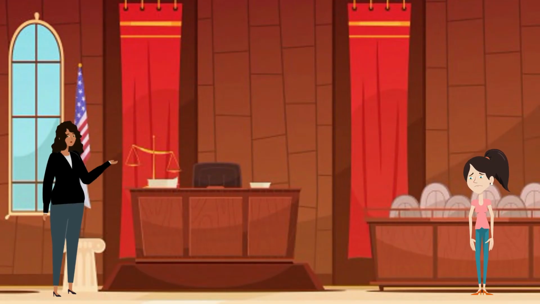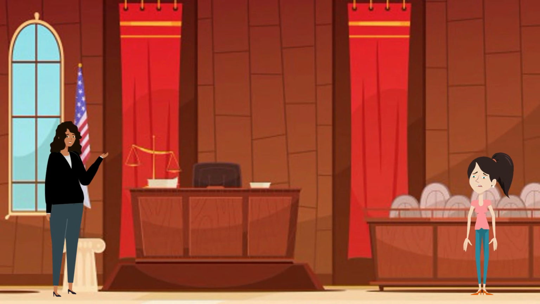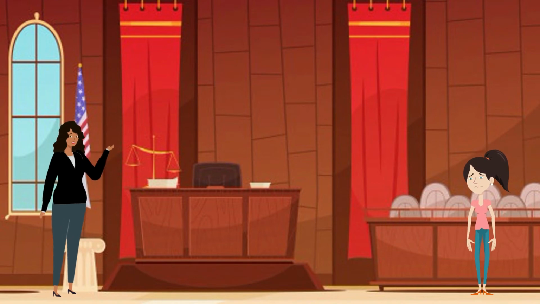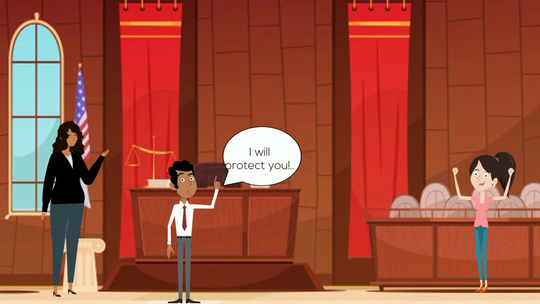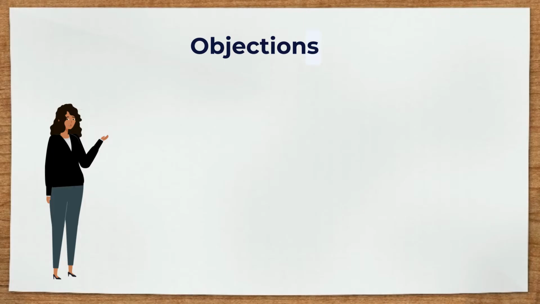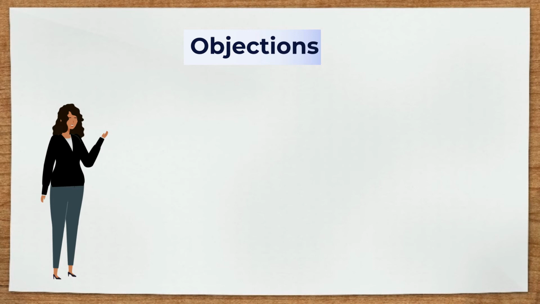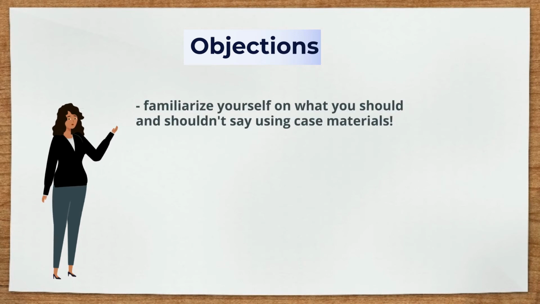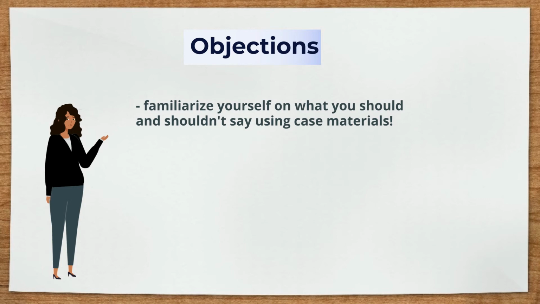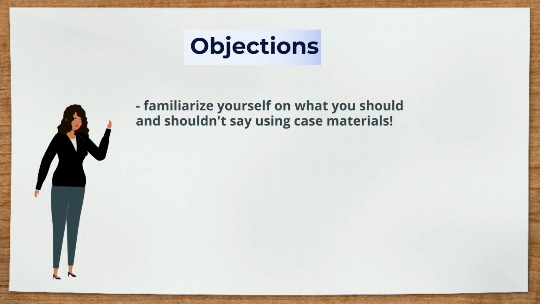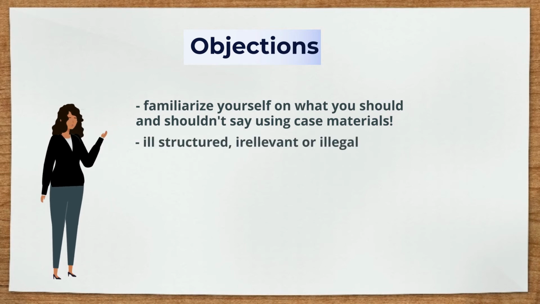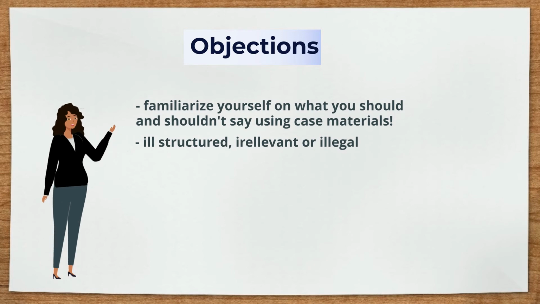In both a deposition and in trial, your attorneys or the attorneys who are not asking you questions will protect you and the information you own through objections. Familiarize yourself with what you should say and what you shouldn't based on the case materials and the advice of your attorneys. Attorneys may argue that the questions you were asked were ill-structured, irrelevant, or simply illegal.